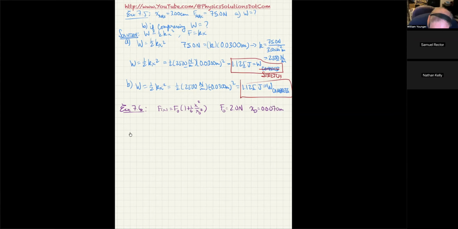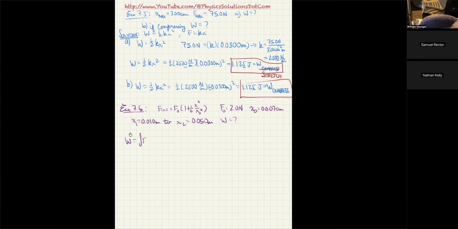We want to know the work done in going from x1 equals 0.010 meters to x2 equals 0.050 meters.